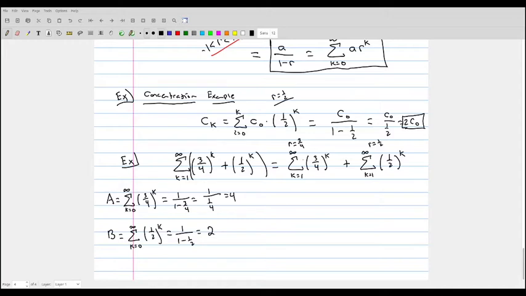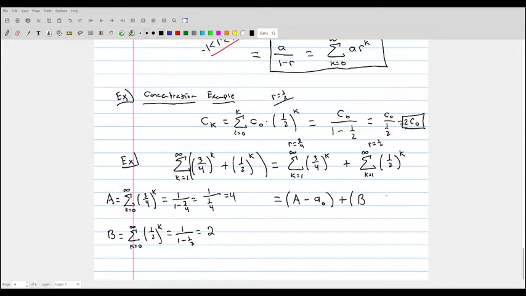So the last thing we need to do when we're computing this sum is notice that this is starting at k equals 1, so we have to subtract out the 0th term in the geometric sum. So this is going to be the value of the sum from k equals 0 to infinity of 3/4 to the k minus the first term in the series. Same thing with this expression right here. This is going to be the sum from k equals 0 to infinity of 1/2 to the k, or the B value.